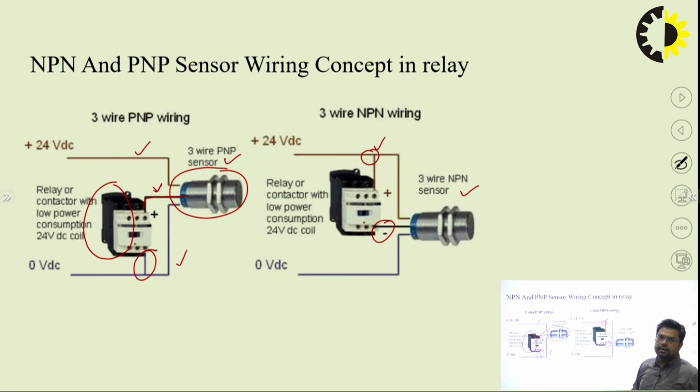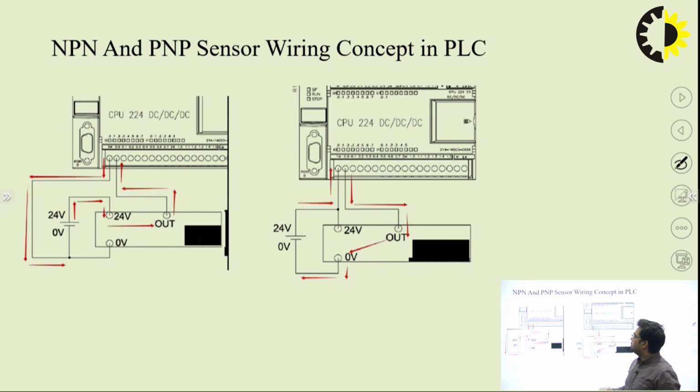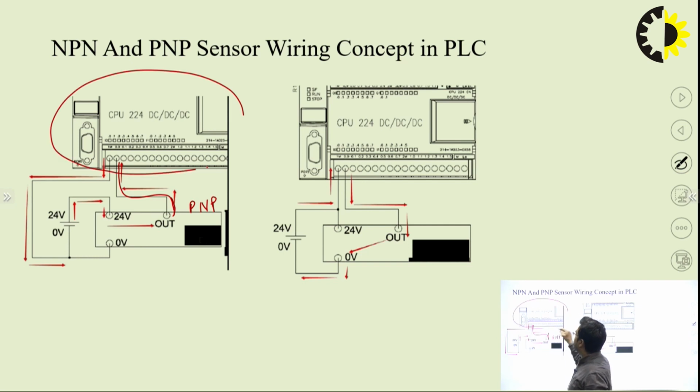Through that we can imagine it, and another thing is that it is mentioned on the sensor itself, on the nameplate rating. With respect to the PLC, the output will be given to it. Because this is a PNP type of sensor, this PLC will be sinking, and the sensor is the source.